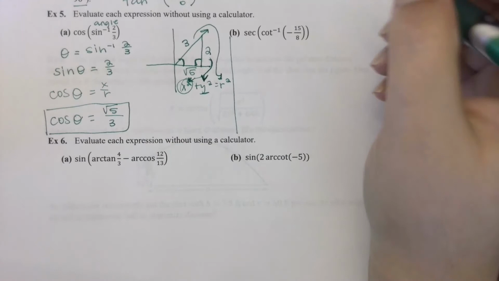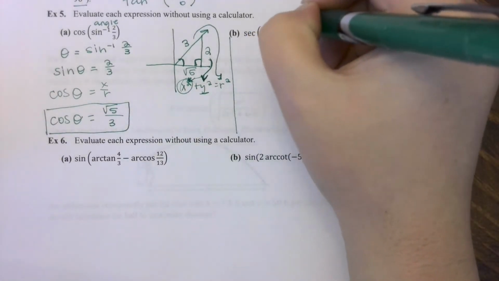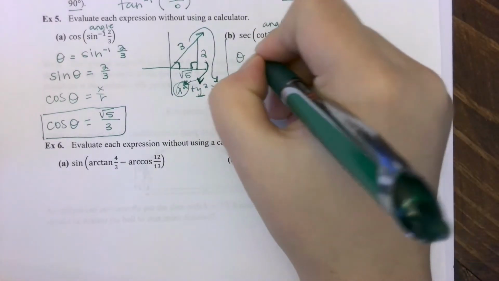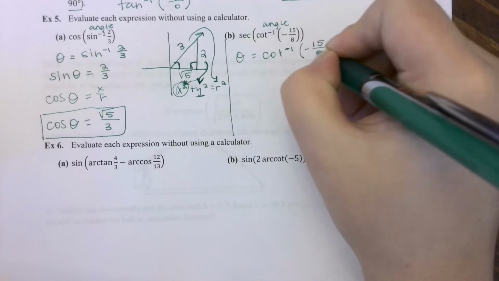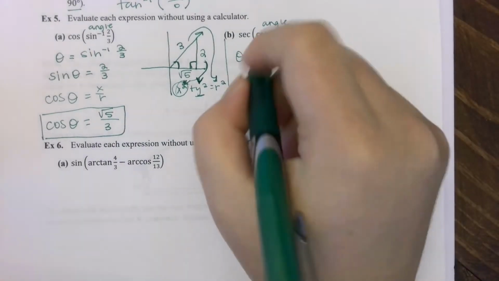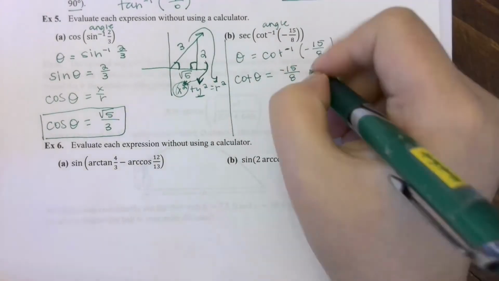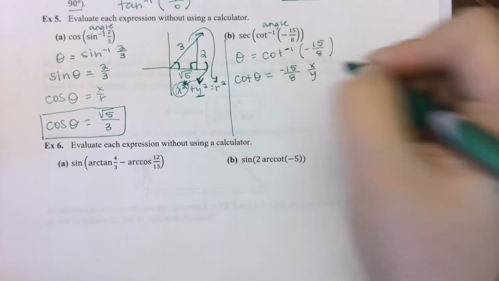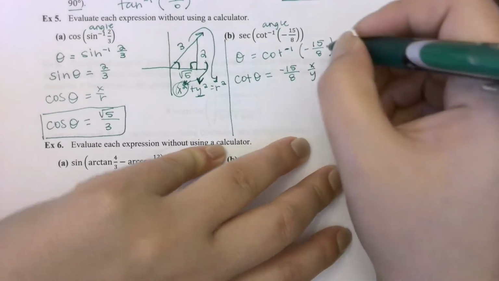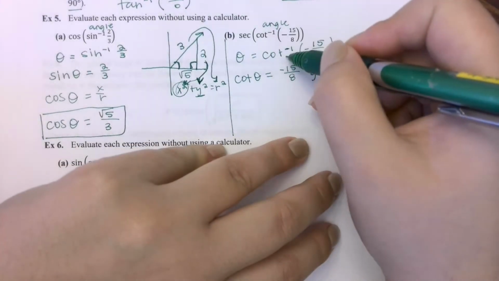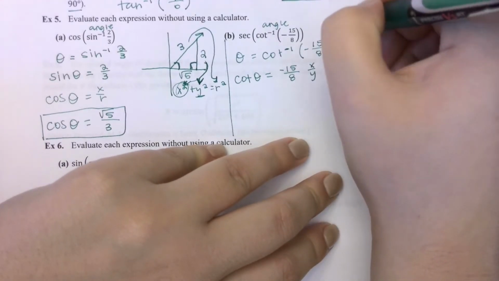Here we have secant of cotan inverse of negative 15 over 8. Again, this is our angle, so we set up theta equals cotan inverse of negative 15 over 8. This means that cotangent theta equals negative 15 over 8, which is x over y. This is negative, and since we're talking about cotangent, a negative input is going to be in the second quadrant.